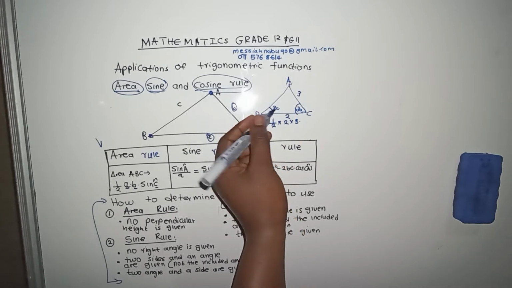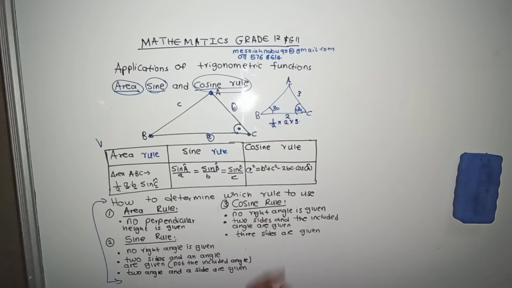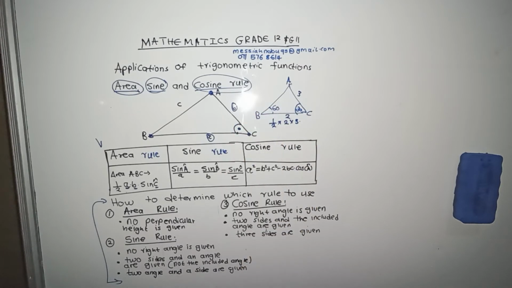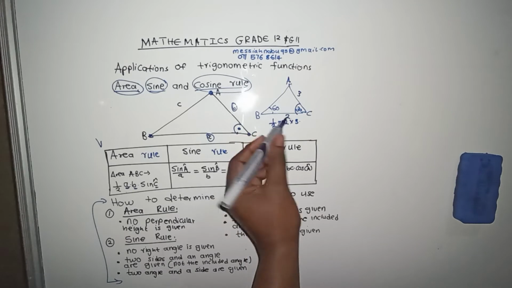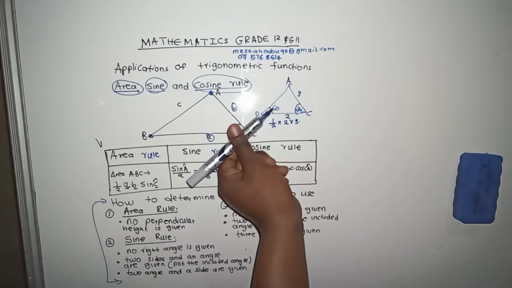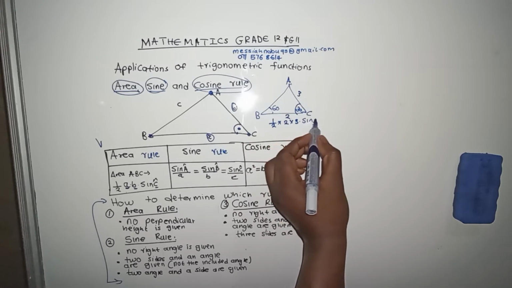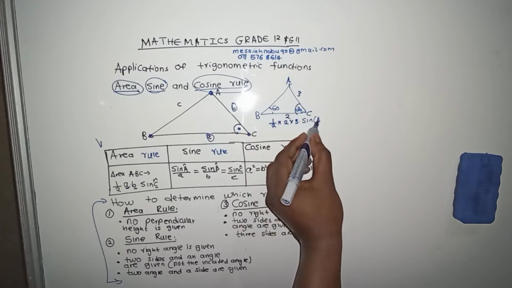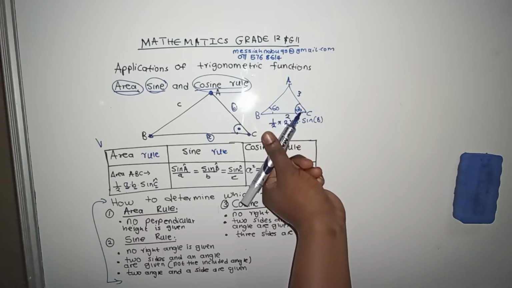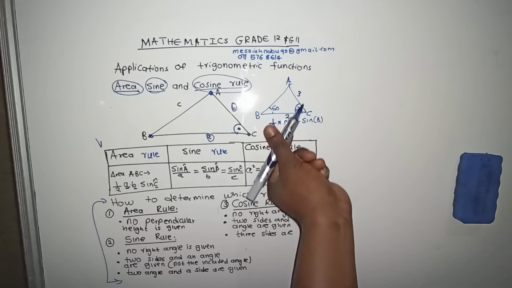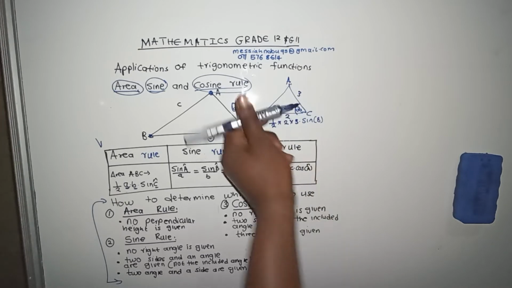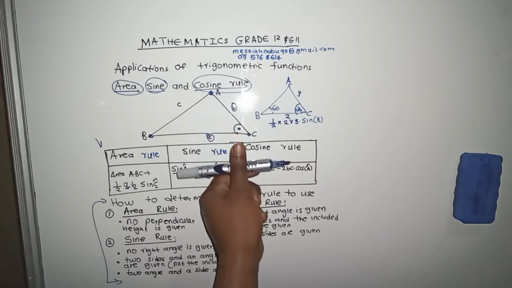Even if you're given the angle here as angle B, you don't have to come and say this is the sine of angle B, because the angle that we have to use here must be the included angle. It has to be between the two sides that you are actually using. Since you selected the 2 and 3, the angle must be between those two sides.